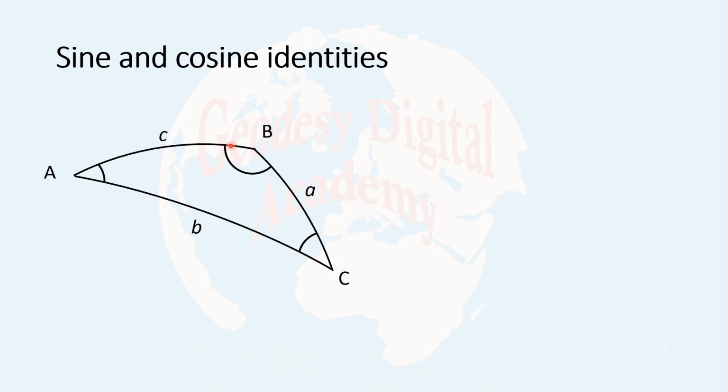Now, by naming these arcs and naming these angles, we can define the sine rule. The sine rule says that the sine of an arc over the sine of the angle in front of that arc is constant. In other words, we can write this formula for the relation between the arcs and the angles.